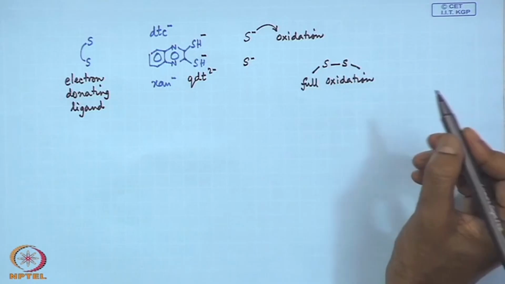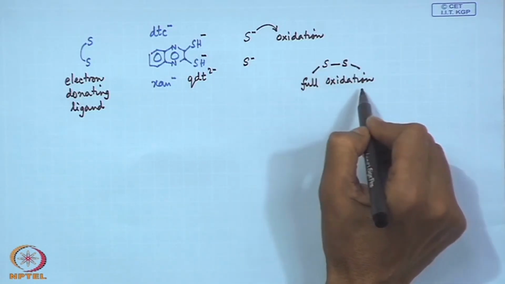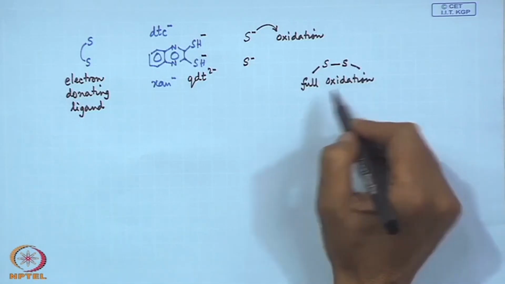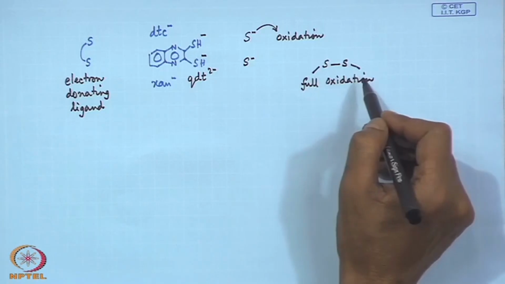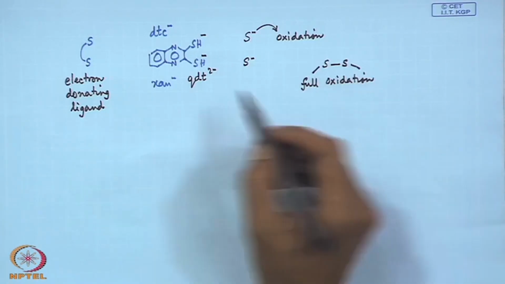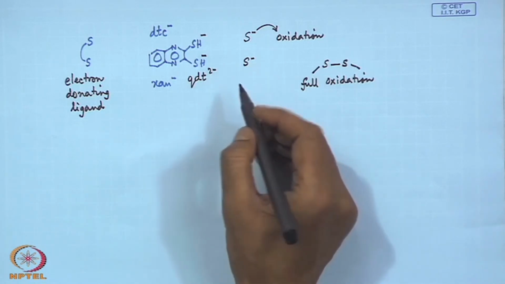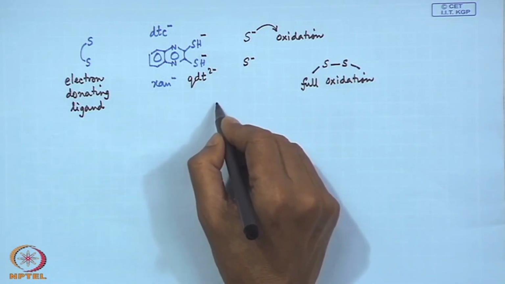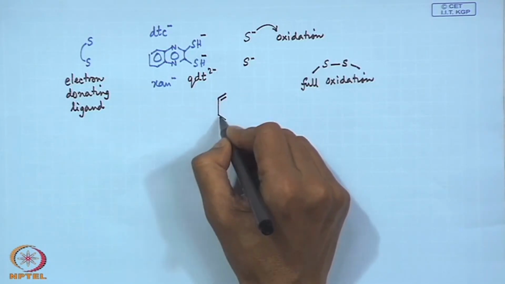On the thiol type of ligand system, we will end up with a sulfur bridge species, which is full oxidation and full transfer of electronic charge, a 2 electron oxidation for this sulfur bridge. So we have the sulfur backbone, and then we can have certain diimine type of ligand. Diimine is very easy to visualize or easy to consider.